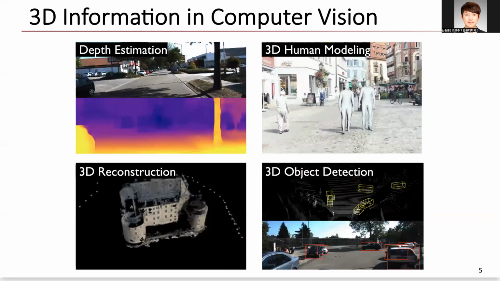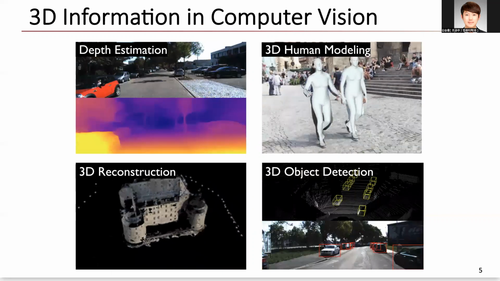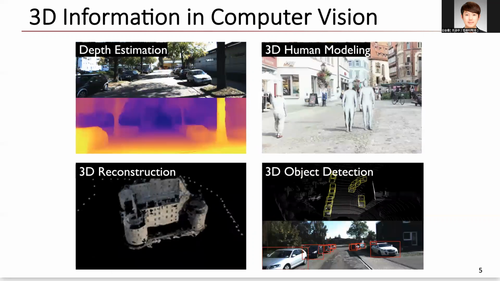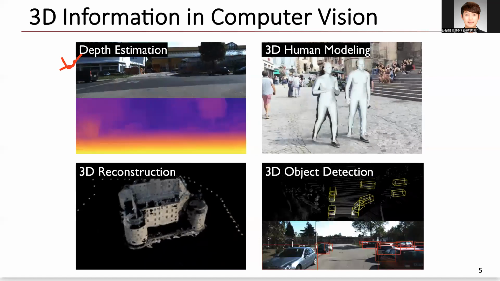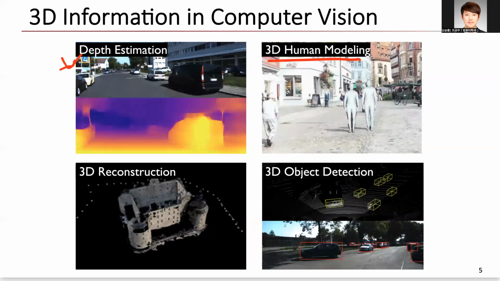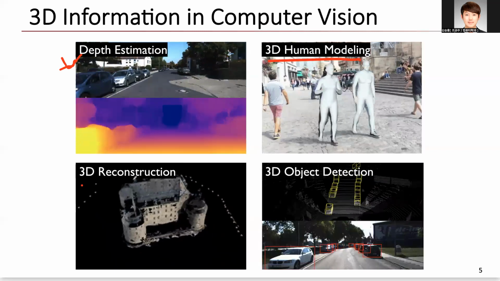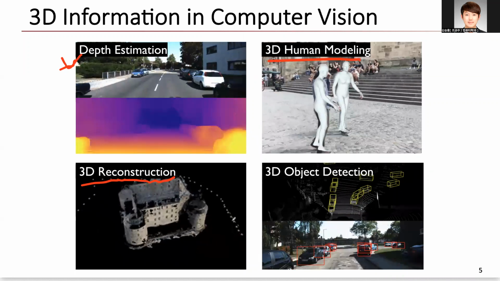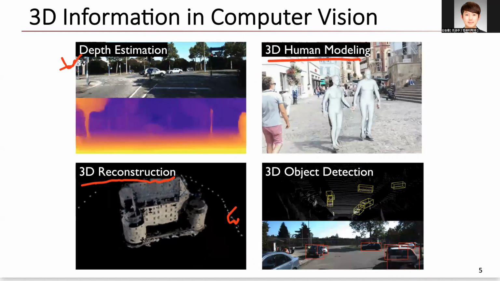Why is this 3D information useful, not only in computer vision but also in other applications? One of the most important applications is the self-driving car. For example, depth estimation from the camera or LiDAR sensor, 3D human modeling in CCTV or other video, or 3D reconstruction using multiple images, for example SLAM, SFM, and MVS.